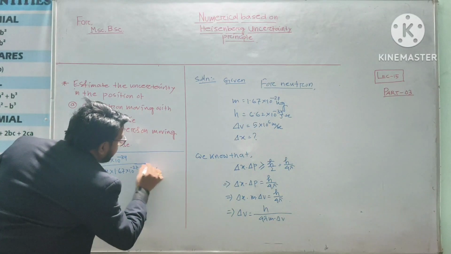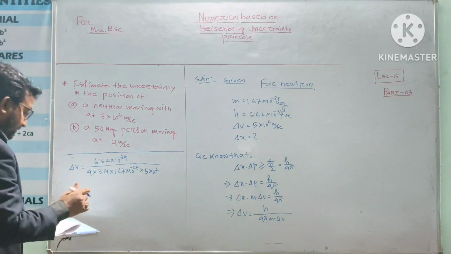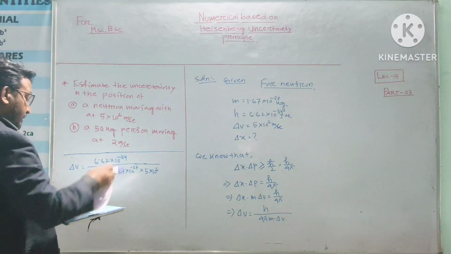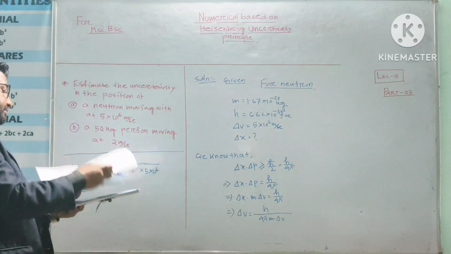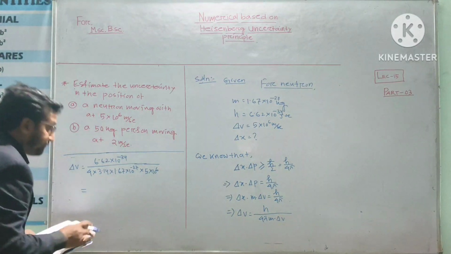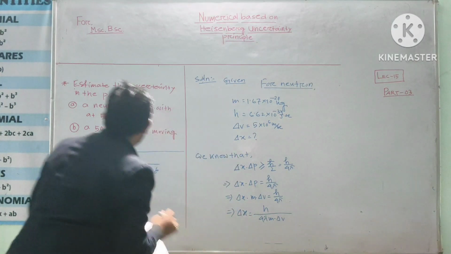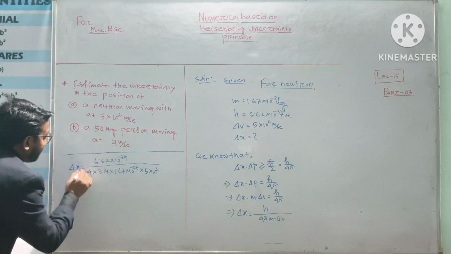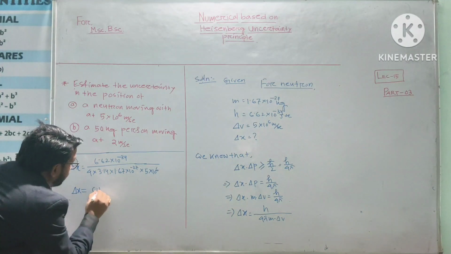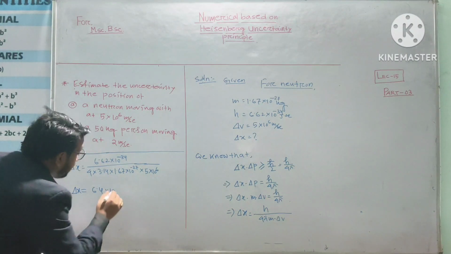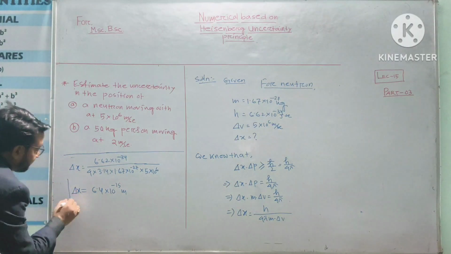After solving this, delta x equals 6.4 into 10 to the power minus 15 meter. So this is our required answer, the uncertainty in position.